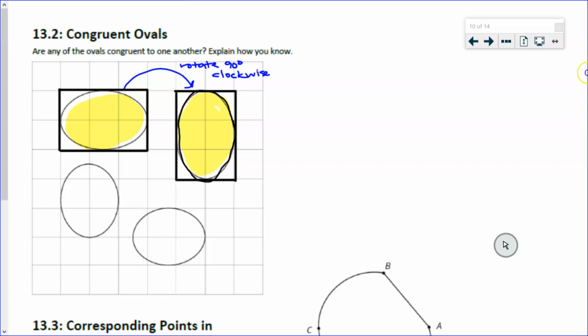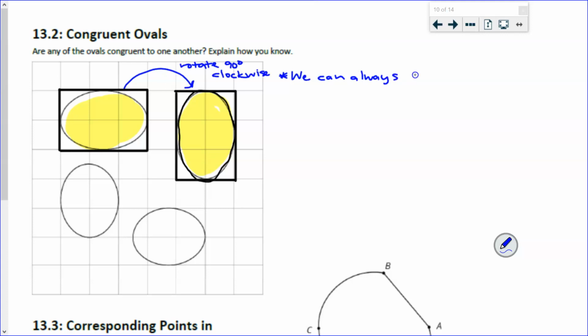Okay, so here's what I want to take away from this so far. You guys all used your tracing paper to show that they're congruent by doing a rigid transformation. So we're going to write that down because this is still really important. This is a big takeaway from the whole lesson. We can always show congruence through rigid transformations.